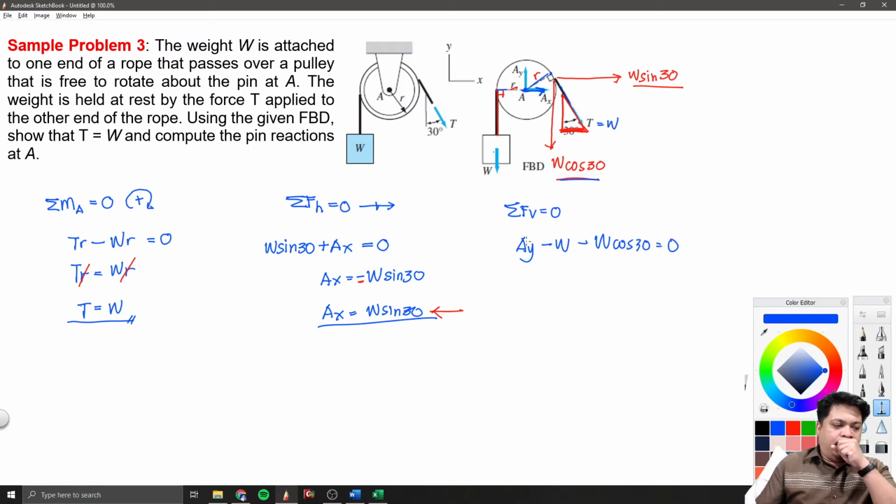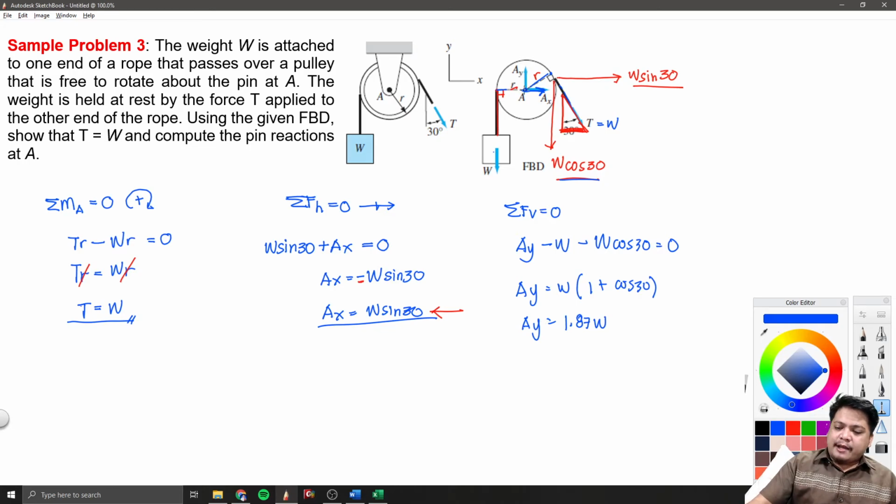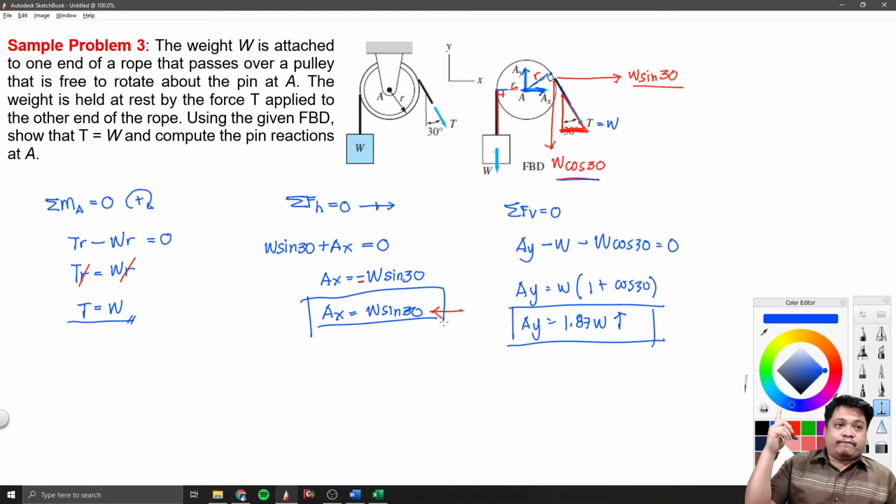So my AY equals W times (1 plus cosine of 30), or that is equal to 1 plus cosine of 30, 1.87 of W. This time, the answer I got is positive, so it means our direction is right, that AY is really upward. Okay? So, these are the reactions X and Y at the pin A.